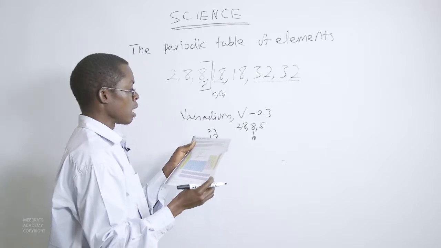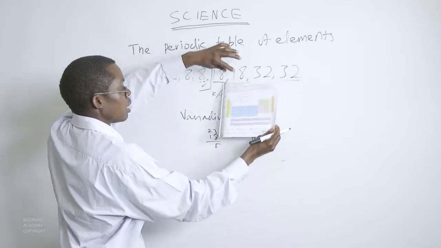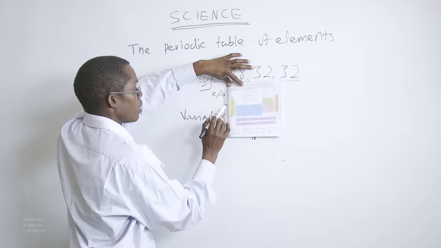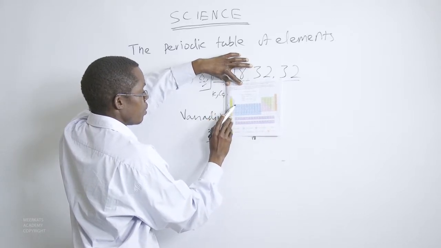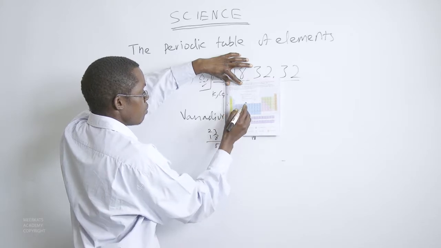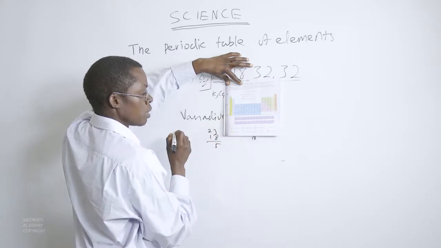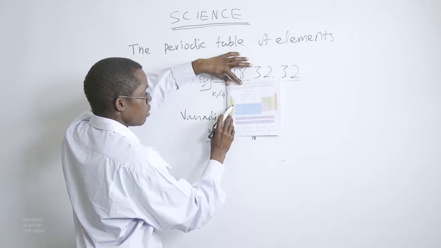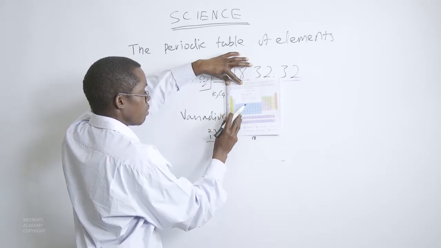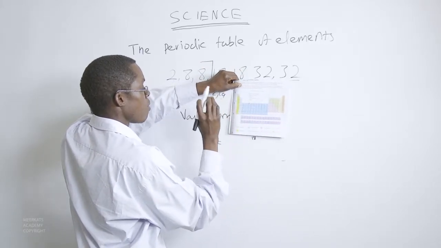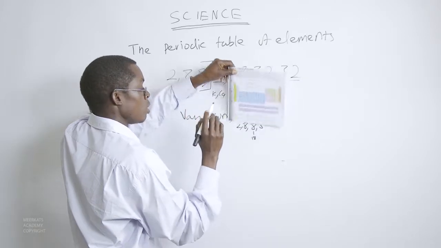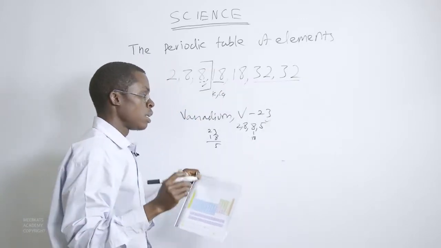So we have here 5. Is it true? Let's confirm. 1, 2, 3, 4, 5. So at this point it shows that we require 5 electrons in the outermost orbit. We have it.